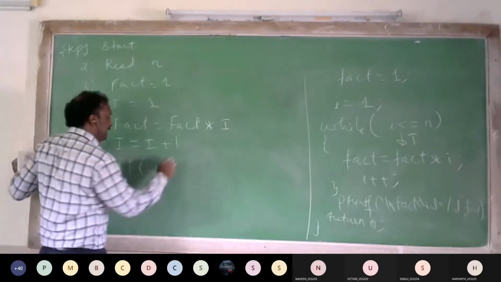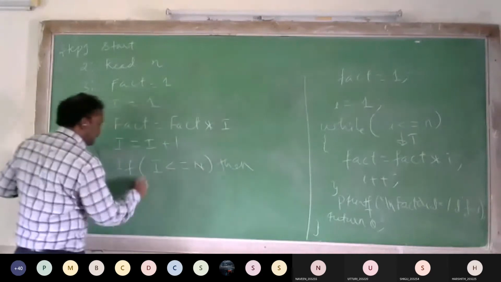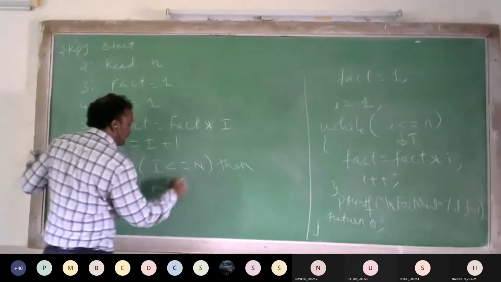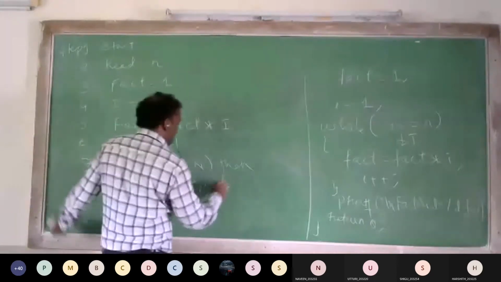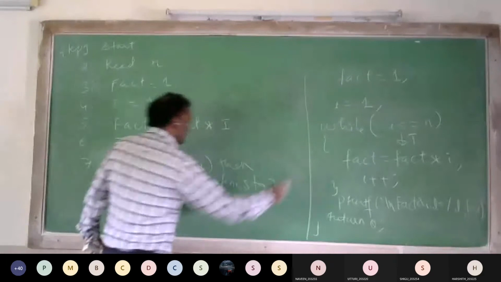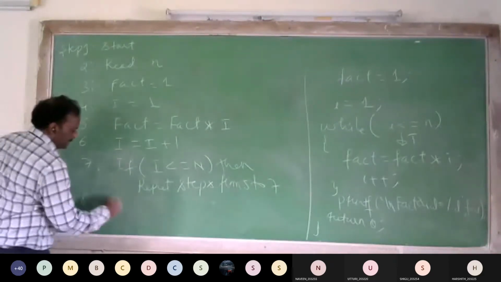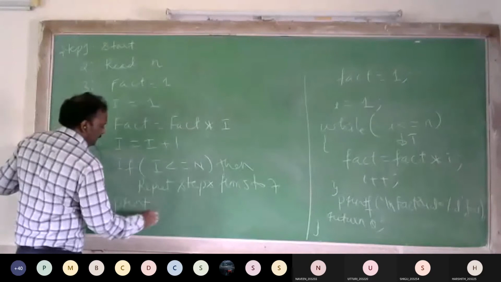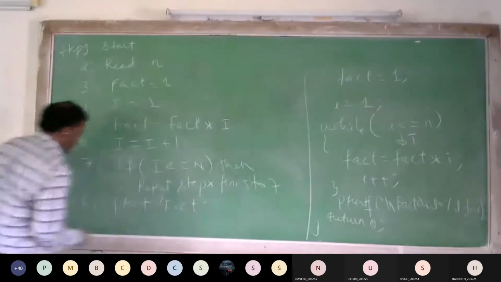If I less than or equal to n, then repeat step from 5 to 7. Now, when the condition is false, I have printed print fact.